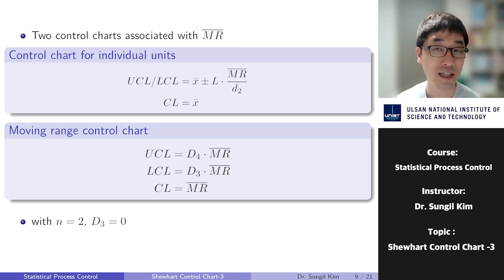Let me introduce 2 types of a short control chart for individual measurement. One is the control chart on individual unit, and the other one is the one on MRs. If you are interested in monitoring X observations, then you can use the first one. And if you are interested in monitoring MRs, then you can use the second one, moving range control chart.